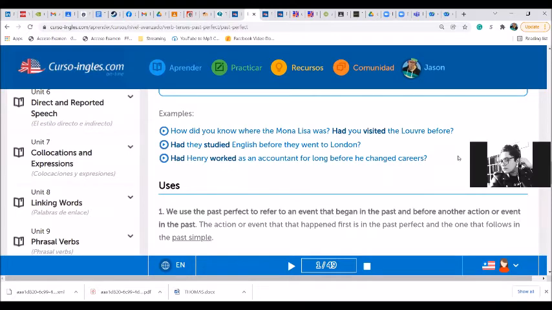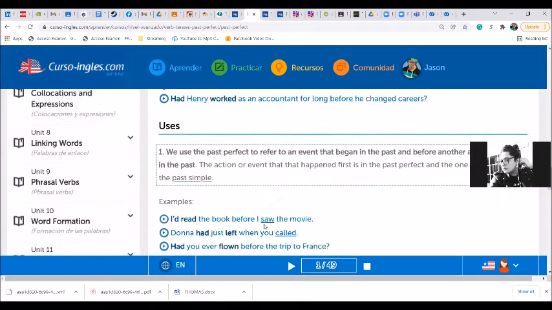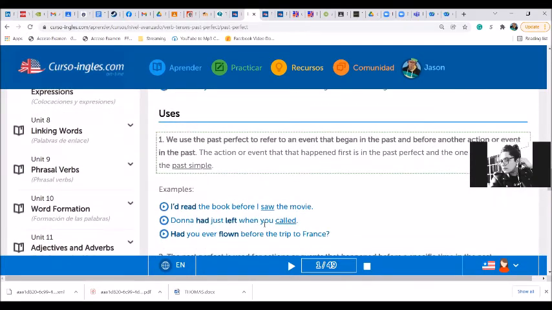Continuing with you, Viridiana, use number 1 and some examples. We use the past perfect to refer to an event that began in the past and before another action or event in the past.